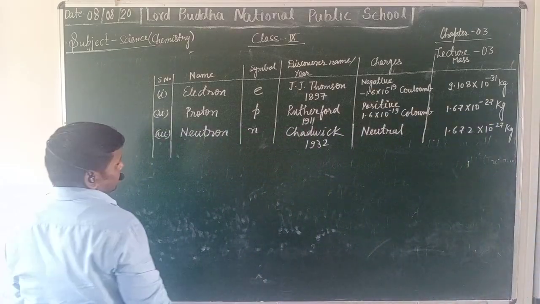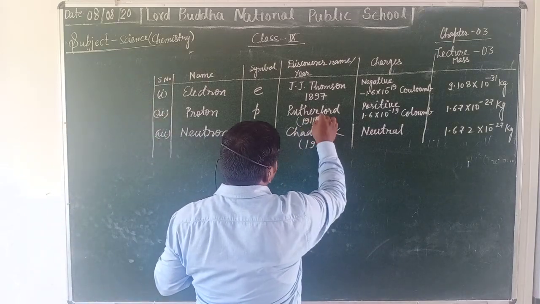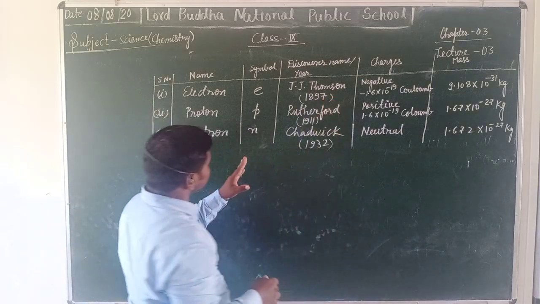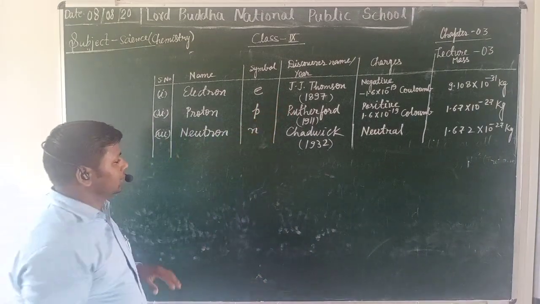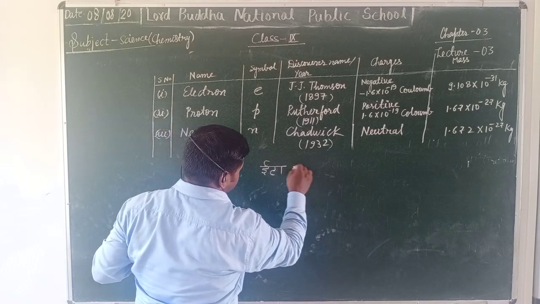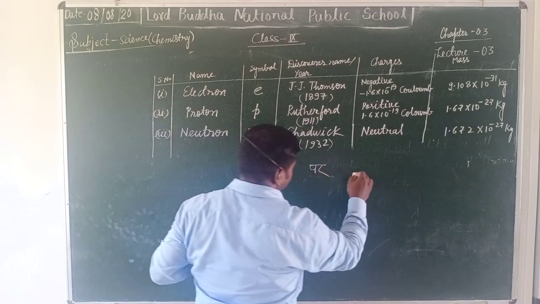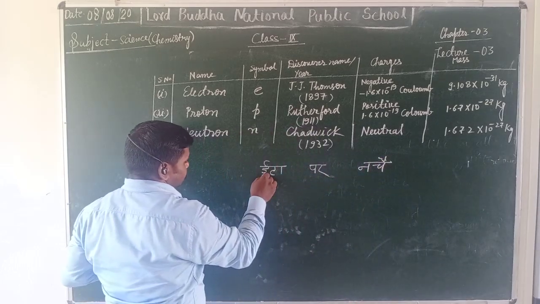Thus, students, one more interesting thing to remember is the discoverers of electron, proton and neutron by a sequence: E T, P R, N Ch. How?